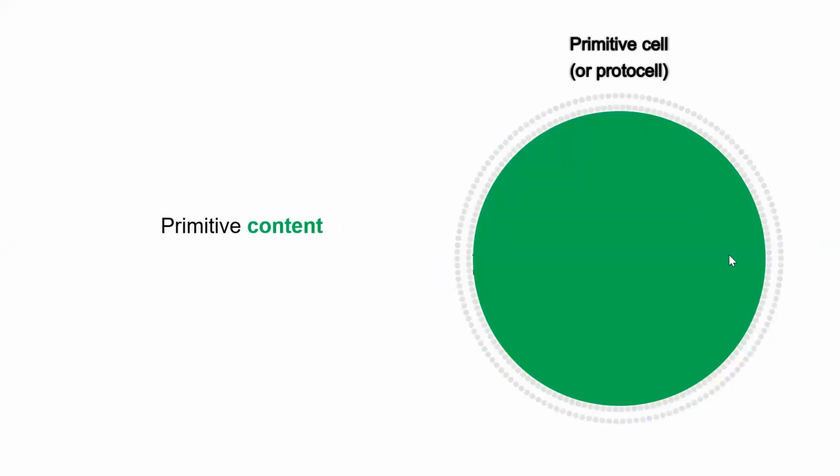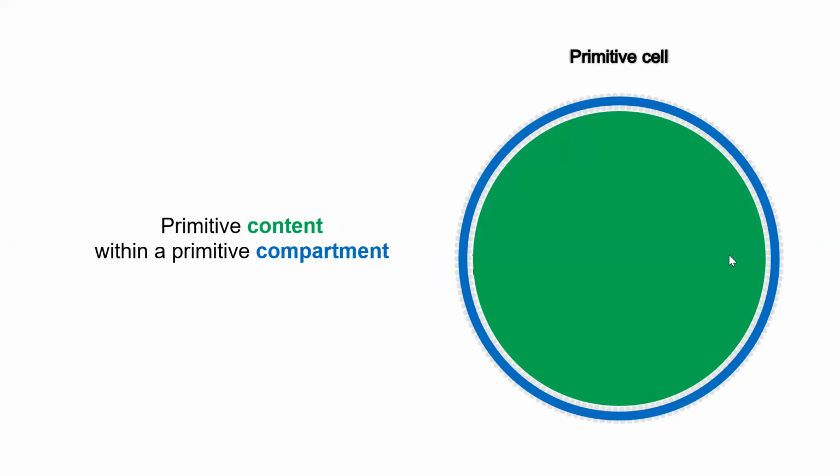So we have some material, a primitive content that we want included into a primitive compartment. And this means that a primitive cell can be very much simplified as just a combination of these two components, these two ingredients: a compartment that hosts some content.